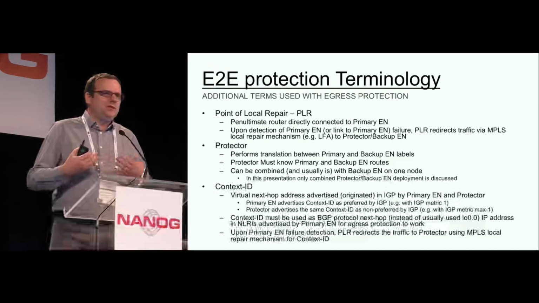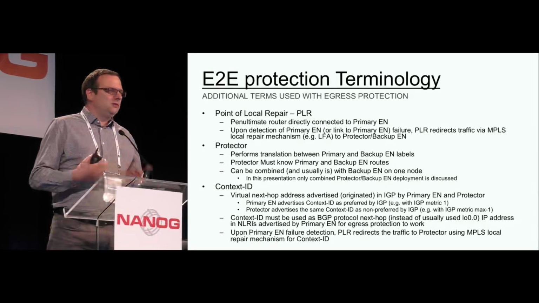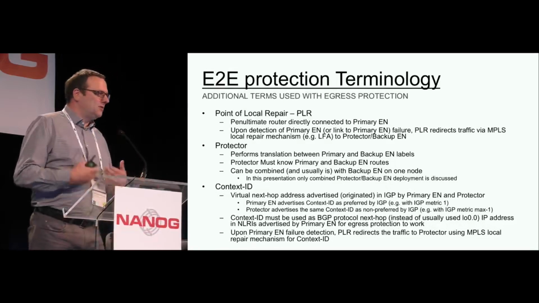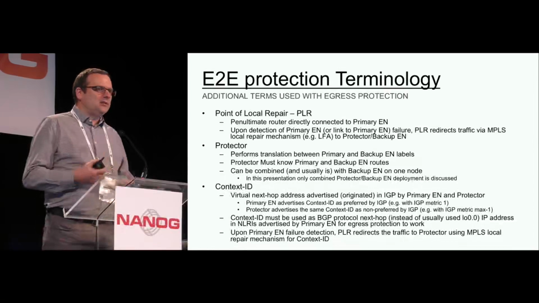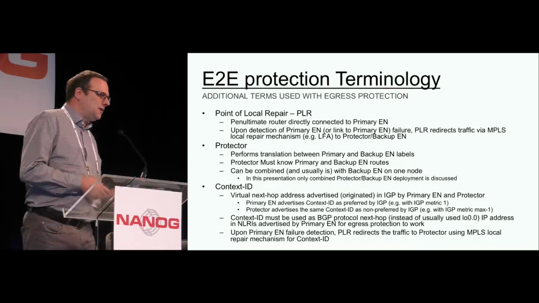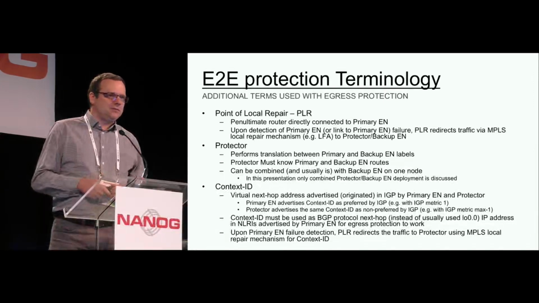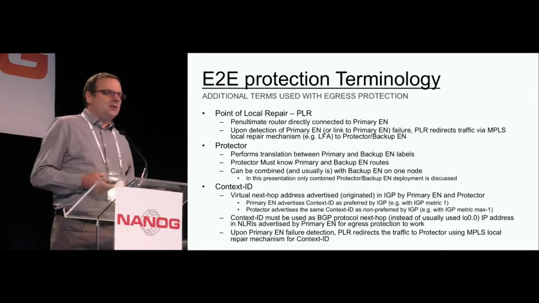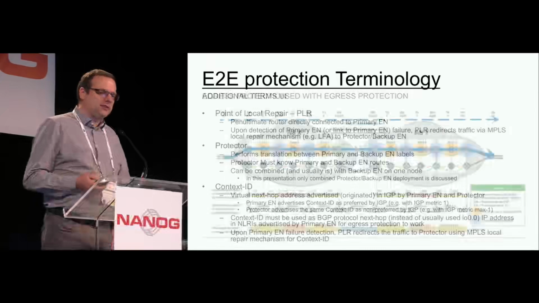So the backup PE needs to be able to handle this traffic. In order to handle it, we send the traffic to something called the protector. This protector translates the VPN labels allocated by the primary egress PE into the VPN labels allocated by the backup egress PE. Typically, the protector is configured on the same node as the backup egress PE.